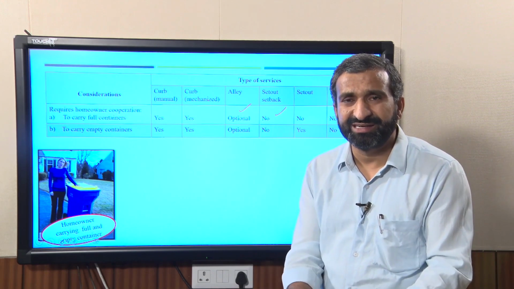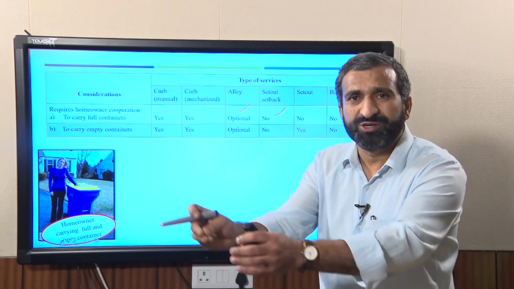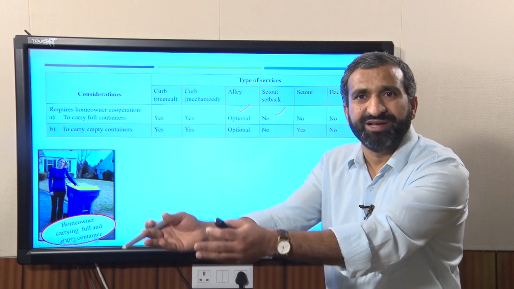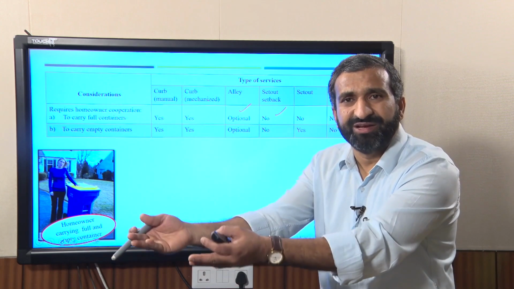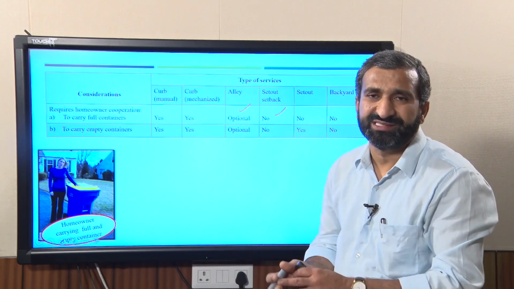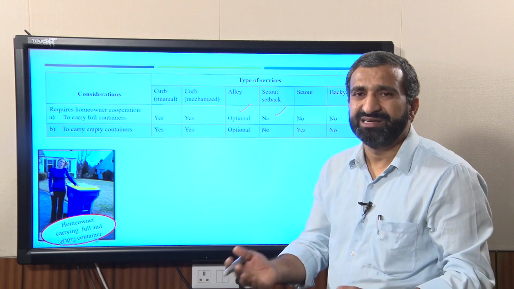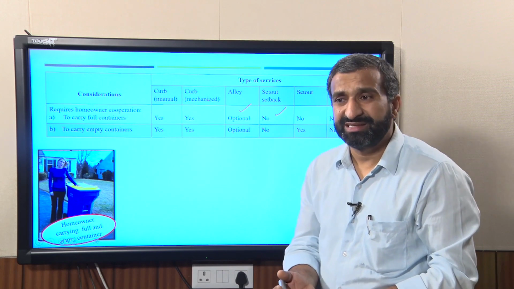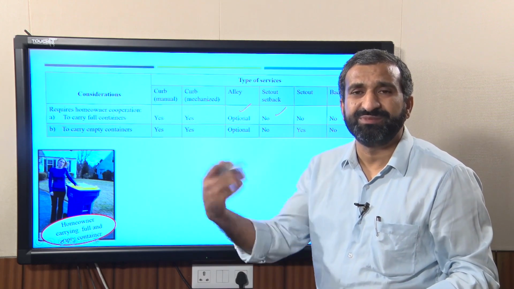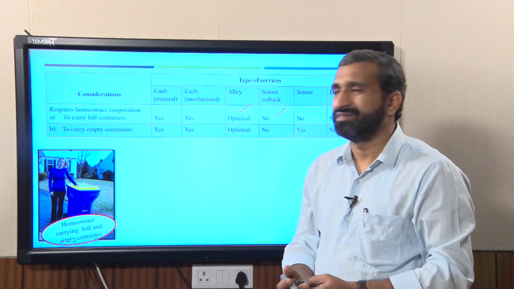Whatever waste they have segregated, they can put in the smaller household dustbins in front of their door, and the collection crew will collect the waste, empty it into the collection vehicle, and put the empty dustbins back in the same location. That is why I said house owner cooperation is not required, but if the house owners are not able to put the dustbins outside their house, then their cooperation is required.